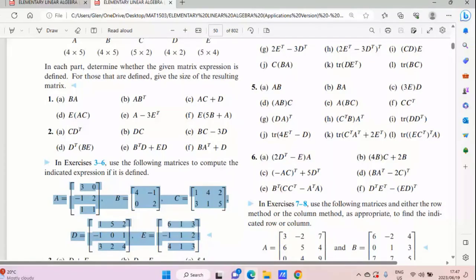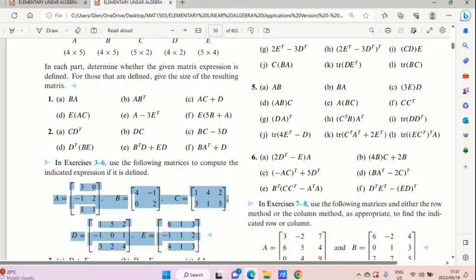Do we agree? Now the third entry in the first row. It will be 3 plus 10 plus 8.